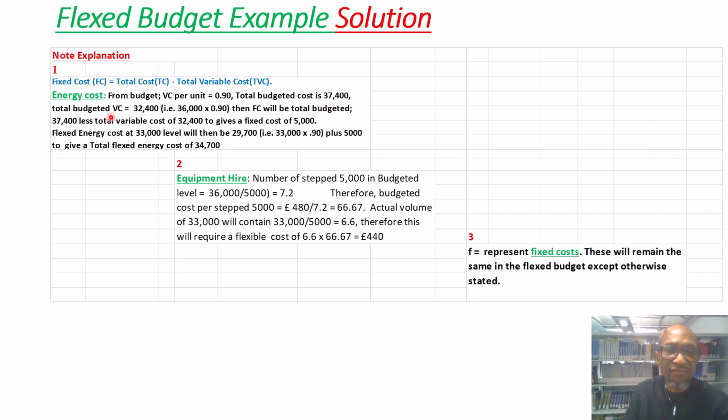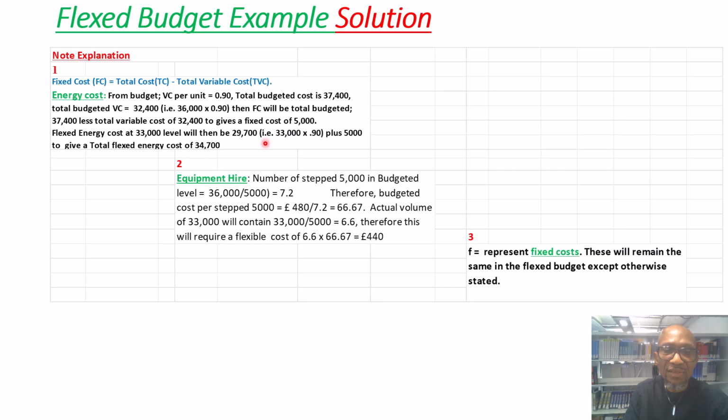The total budgeted variable cost is 32,400, that is 36,000 times 90p. Then the fixed cost will be total budgeted cost of 37,400 less total variable cost 32,400 to give us a fixed cost of 5,000. That's how we got a fixed cost of 5,000.